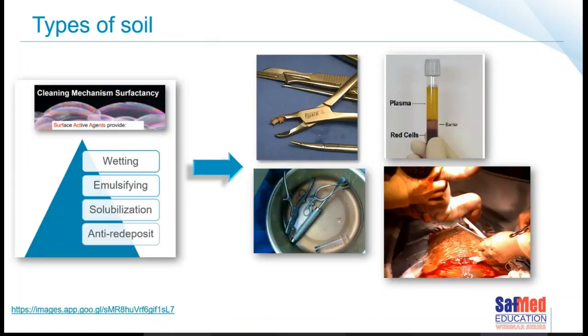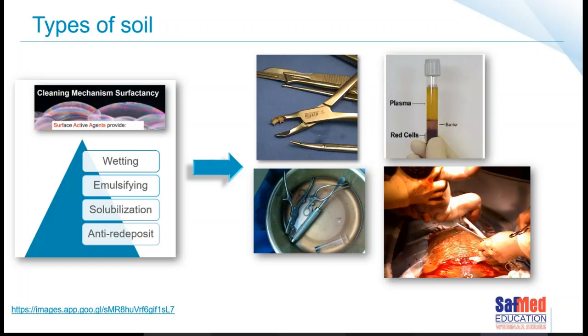Remember, surfactants, as we've spoken about, are just one part of our cleaning chemistry. Surfactants help make water wetter. They help by emulsifying, by solubilizing, and by preventing those soils from redepositing on our instruments as you lift the instrument up out of the water, out of the sink where you've mixed the soap and water.